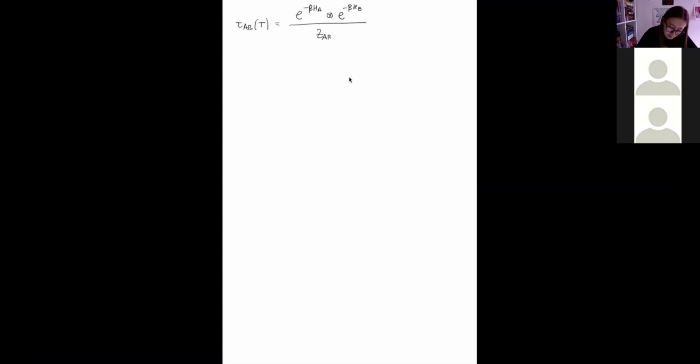so what we had was Z_AB, but Z_AB is just the trace of e to the power minus beta H. So what we get here is just the trace of the expression in the numerator, which, because it's a tensor product, is just a product of traces, tensor product with this expression here.